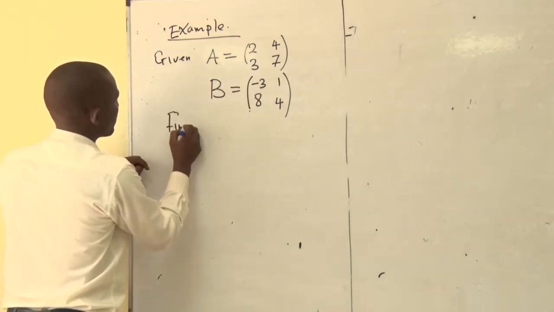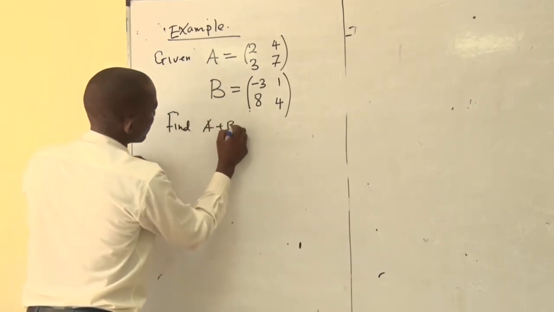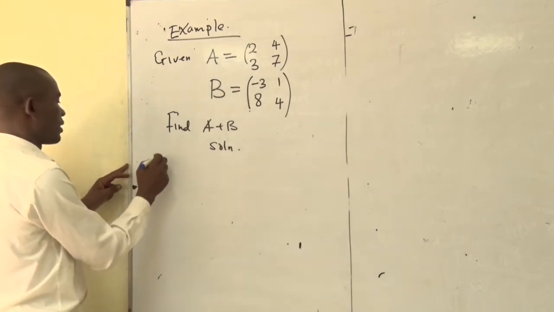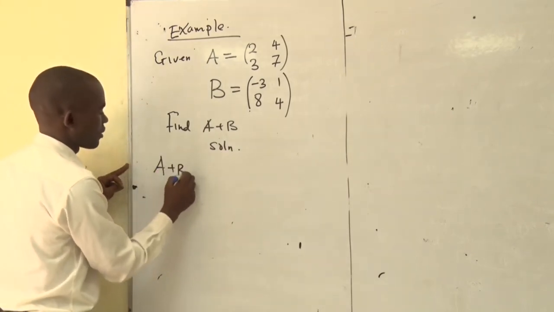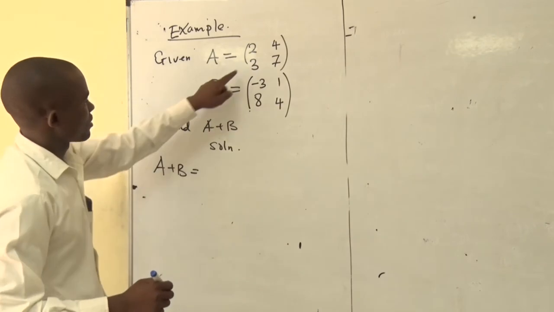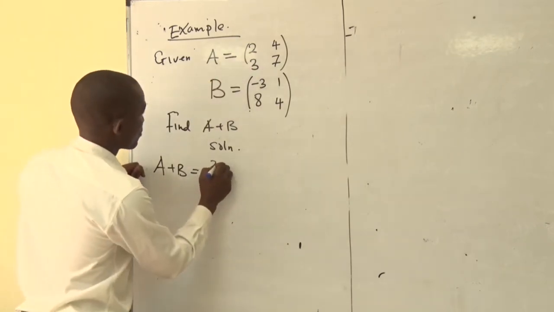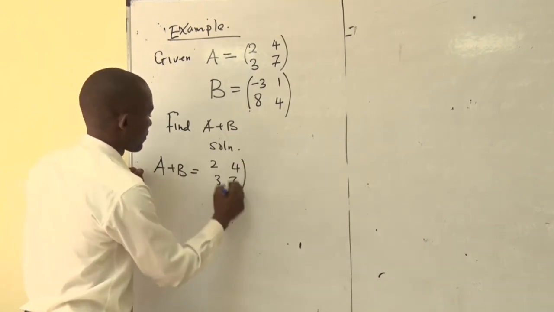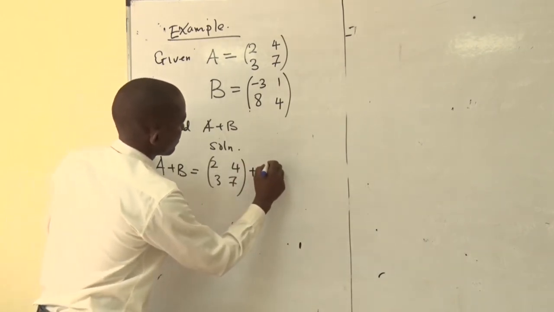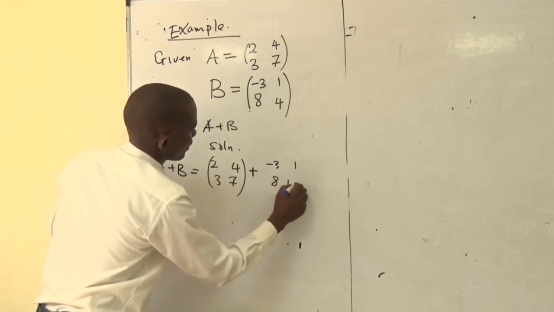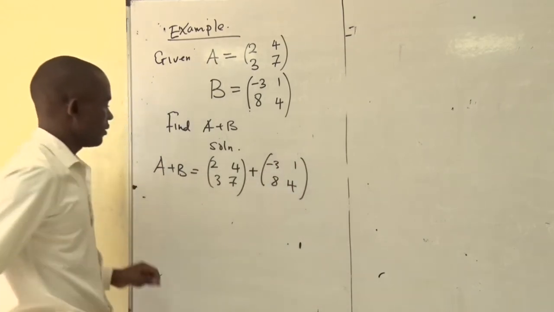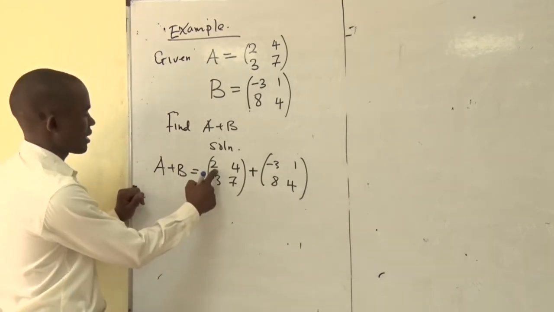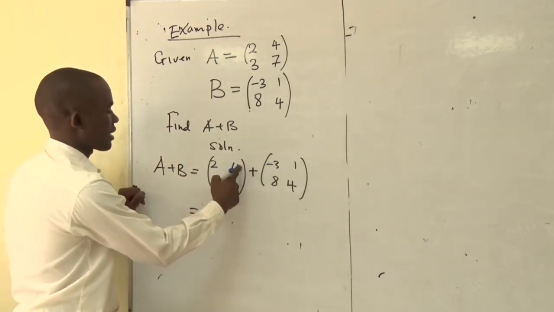Find A plus B. So the solution will be: A plus B will be equal to, you will write it as 2, 4, 3, 7 plus minus 3, 1, 8, 4. When you're adding, you take the first entry plus the first entry, second plus the second.